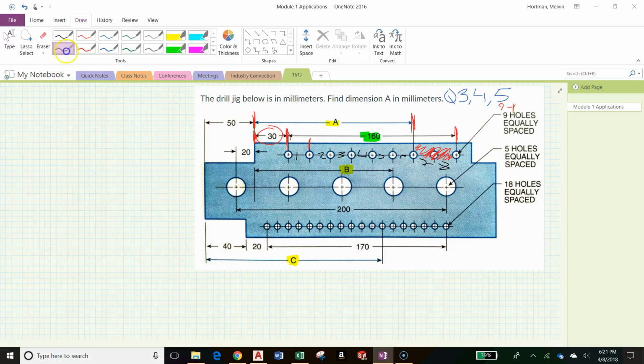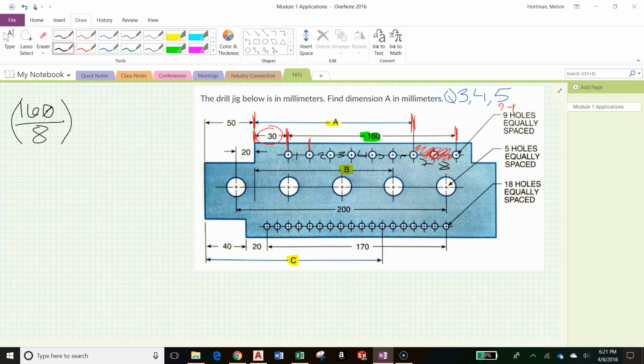Okay, so we have 160 divided by 8, and then we are going to multiply that by 1, 2, 3, 4, 5, 6, or we could just subtract two of the spacings from 160, whatever you want to do.